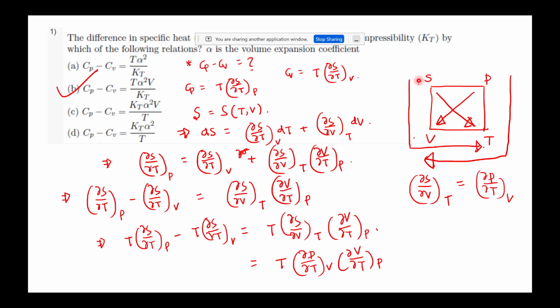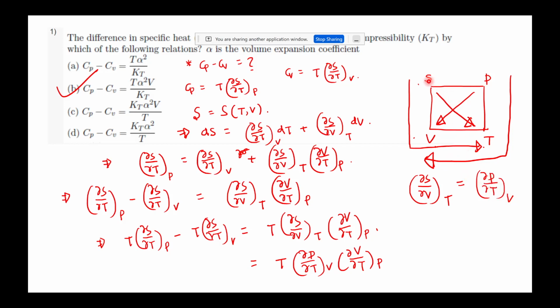First start from the denominator, then the numerator, then the denominator, then the constant term. So for del S del V at T, the numerator is S, the denominator is V, and T is fixed. So the arrow is like this. You just take the other side, that is P, so P, T, V. This is the same thing, del P del T at V.